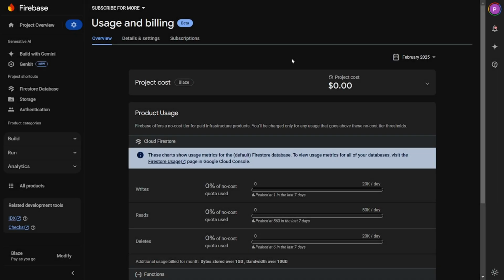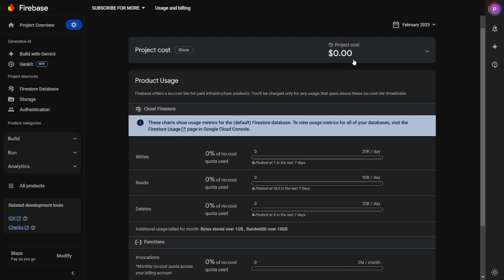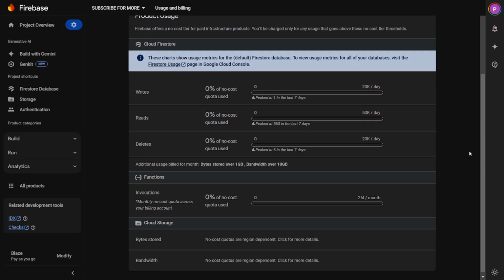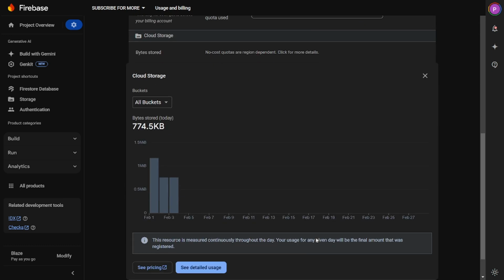When it comes to pricing, Firebase offers a free tier, but costs can quickly add up as your app scales up, especially with the real-time database. Storage and database reads and writes are some of the main cost drivers.